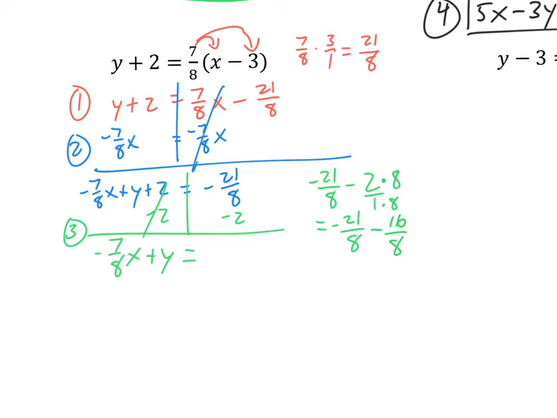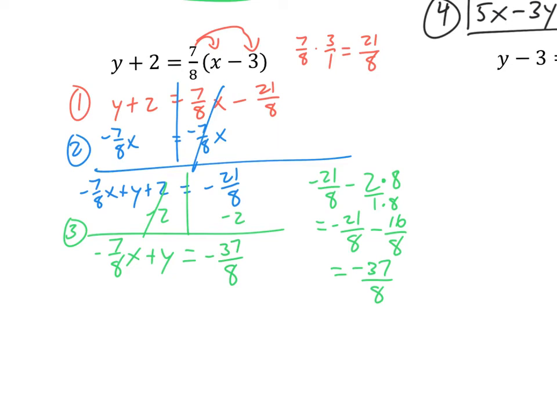And then negative 21 minus 16 is going to be equal to negative 37 over 8. We don't do anything with the denominator, we just keep that the same. So this is equal to negative 37 over 8.